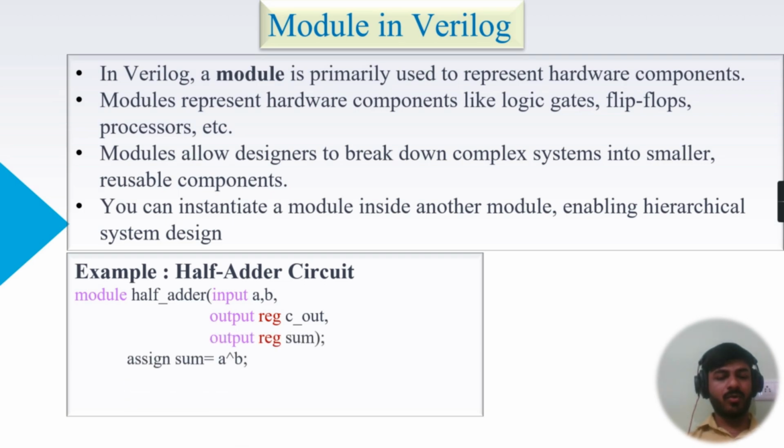In the code block, we'll use the assign construct: assign sum is equal to A XOR B, and for carry out, we'll use an AND gate, and then endmodule. So this is how we can implement a simple half adder circuit. This is one of the pieces of hardware that we can implement inside Verilog by using a module block.